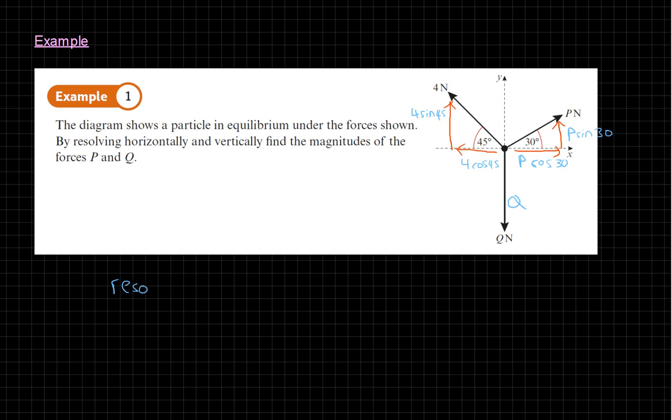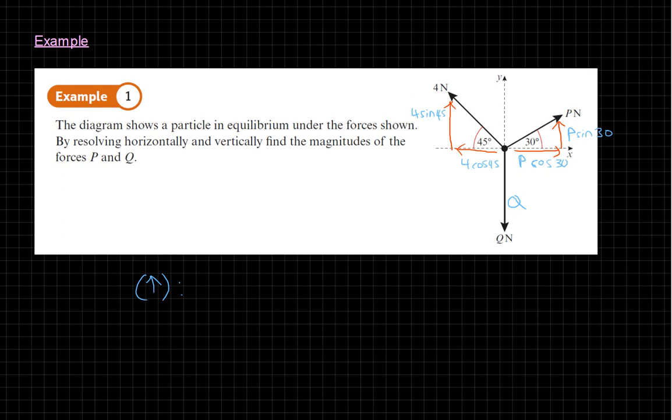Right. So now let's resolve vertically, and in fact let's just use the mathematical shorthand. So drawing a vertical arrow, resolve vertically, we get this one going up, this one going up, the P sine 30, and the Q going down.